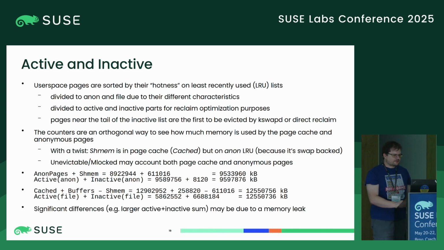And yeah, I've actually seen cases where these things don't match, and the LRU values were much larger, and it usually means there's some kind of memory leak. Some memory should be freed, but somebody has increased the ref counter on those pages, so they stay in the LRU lists, and this can be used as a cross-check whether this kind of leak is happening.